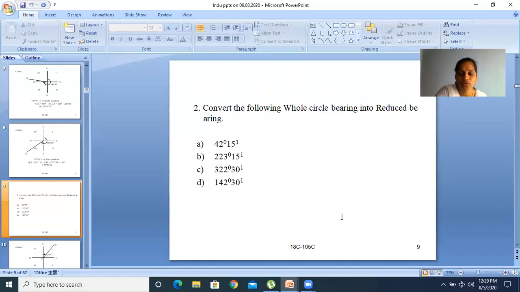The fourth quadrant rule is QB is equal to 360 minus WCB, and the quadrants are north, west. The fourth one is 142 degrees 30 minutes, in the second quadrant. The quadrants are south, east, and the rule is 180 minus WCB. We will see one by one.